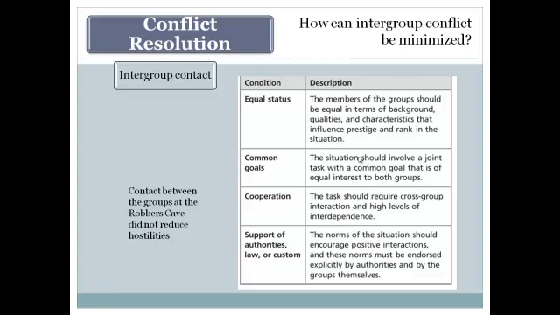Working on a task that both need to be done, and there's going to be cross-group interaction. They're going to have more positive feelings toward each other if they're working together on something. The common goals, actually, probably the better example might be if they have a competition with an outside group, a third group, so that the two groups that are in conflict can join together on that common goal.